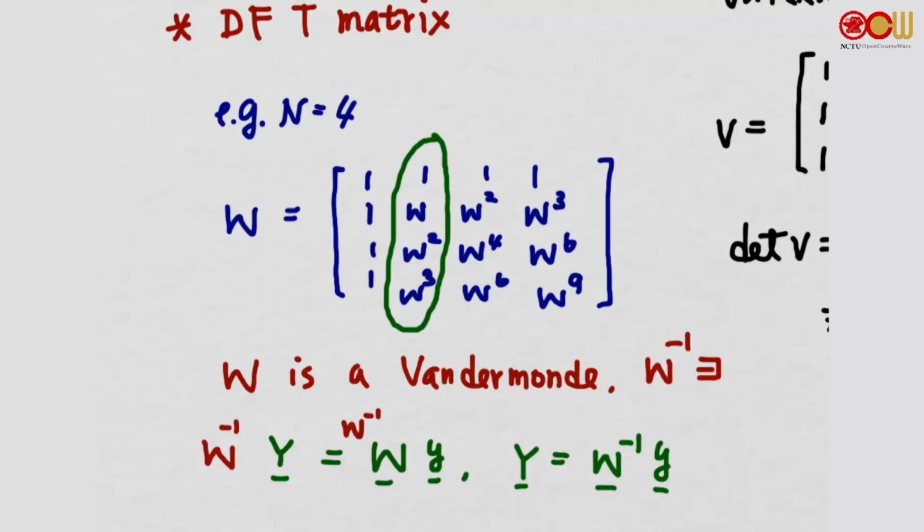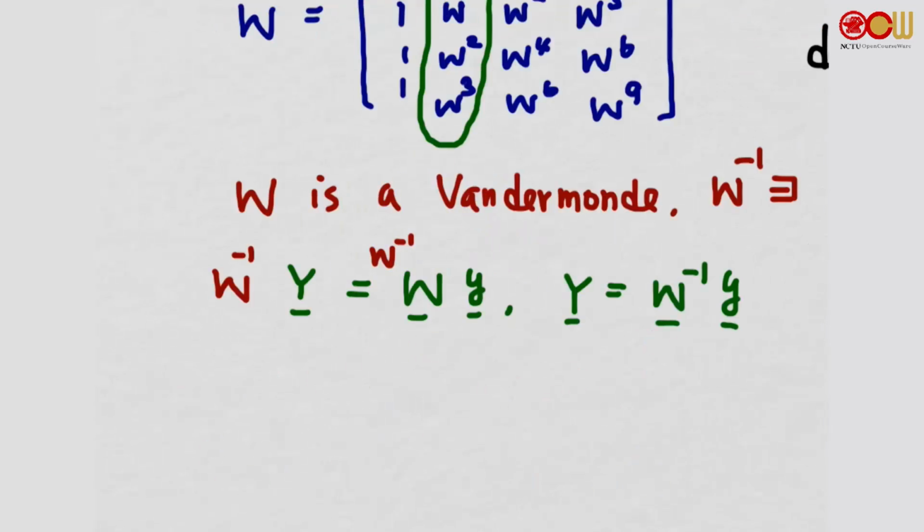But it turns out that this W has a very special property: its inverse can be written in a very nice form. So let's take a deeper look at this W matrix and see how from this small y we can obtain the big Y vector. W is n by n. Let's write this n by n matrix in terms of its column vectors.